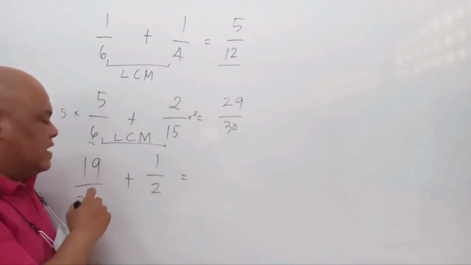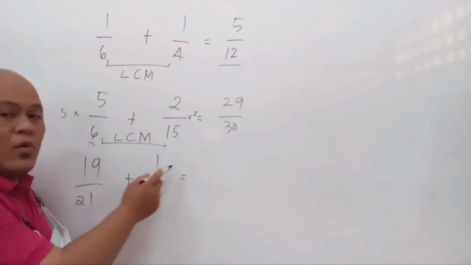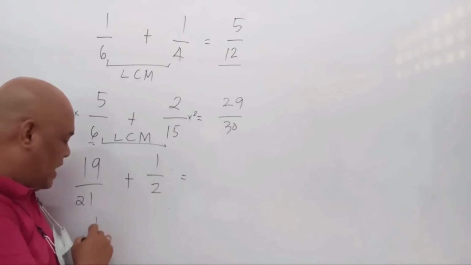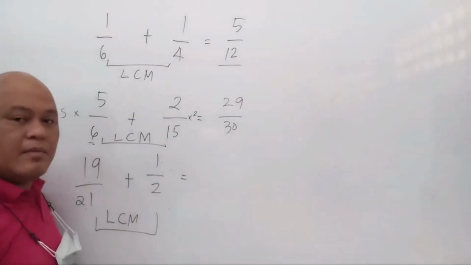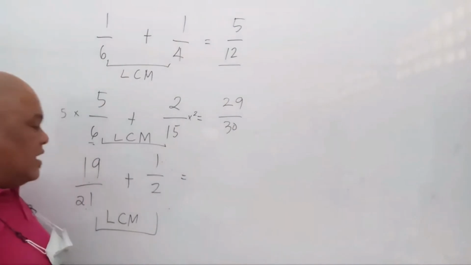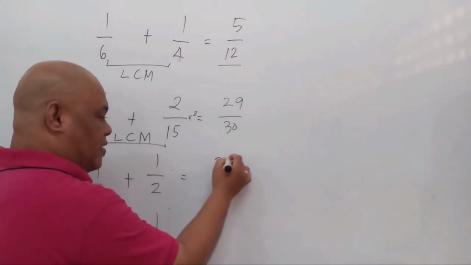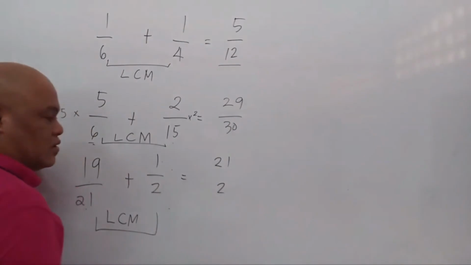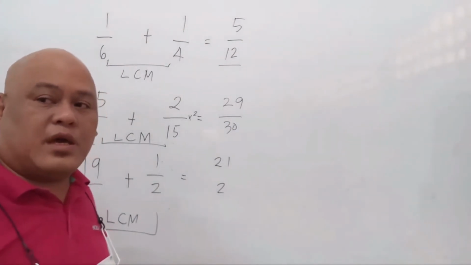Lastly is 19 over 21 plus 1 over 2. What you will do, you have to find the LCM of the denominators, right? So now we will get the LCM of 21 and 2. By doing this, we have to use multiplication.